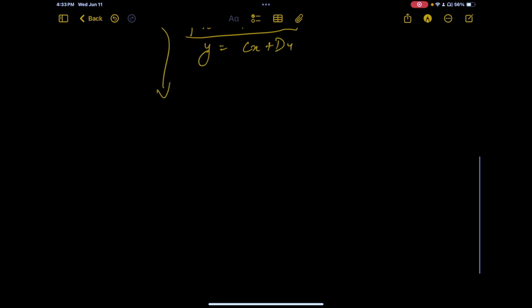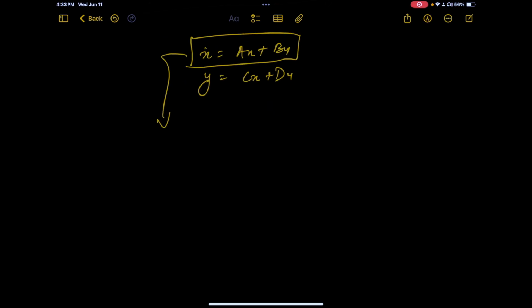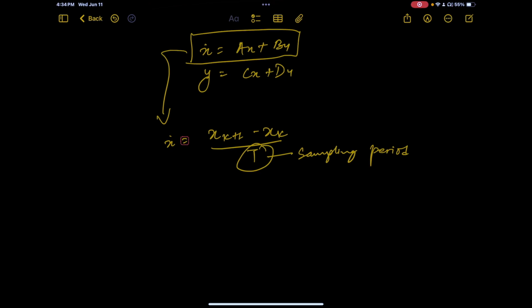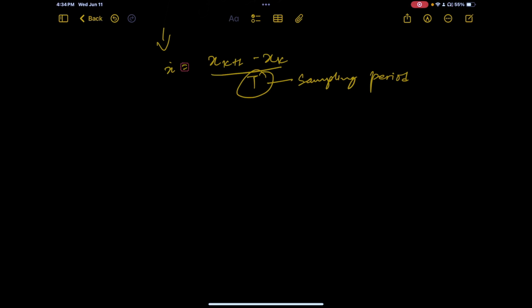In order to discretize that one, you might need x dot equal to x_{k+1} minus x_k by T, where T is the sampling period, like at what time interval you are taking a sample, right? Sampling period, and x_{k+1}, x_k are states: the next step and the previous state. This one is the future state and this one is the current state.